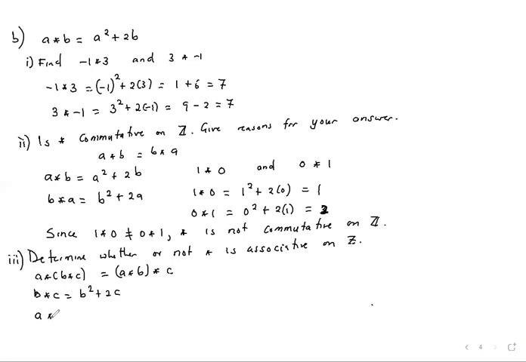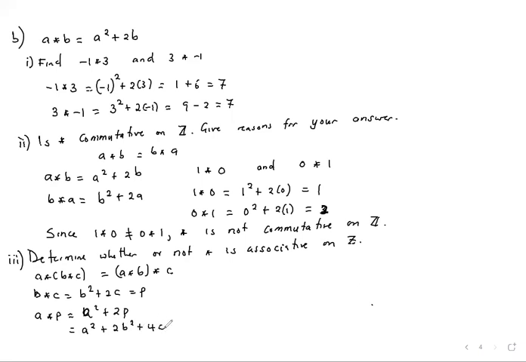Then take it to A, then call it P, so that when you take it here, you have no confusion of variables. It will be A squared plus 2P. But what is P? P is B squared plus 2C.